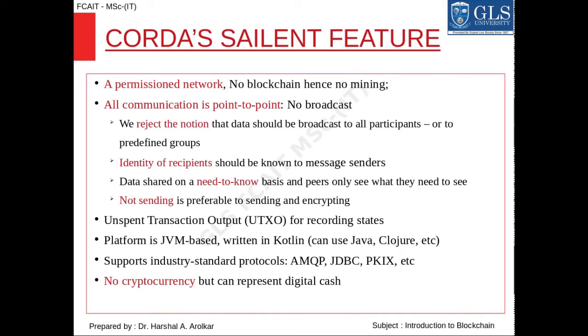Here, we have said that not sending is preferable to sending and encrypting. Encryption takes a huge amount of time and resources of the machine that we are using, and as such, encrypting and then broadcasting takes a huge amount of time in data transactions. Here, as that does not happen, the transaction time is also faster.